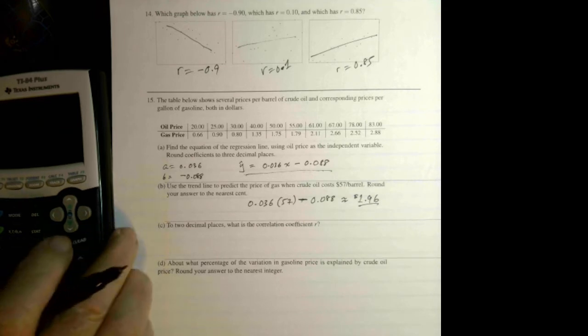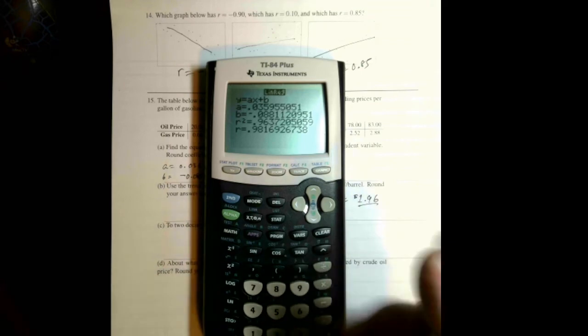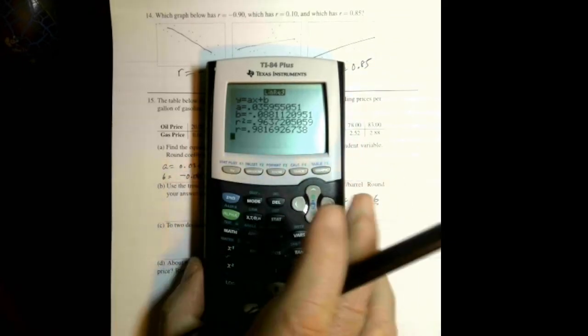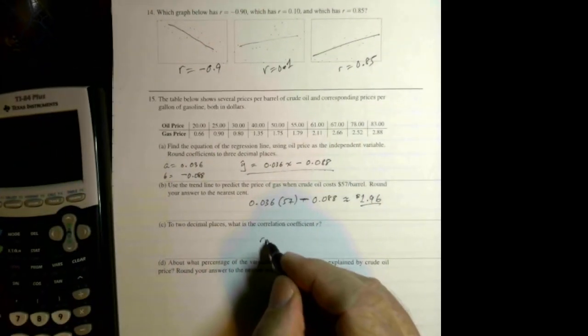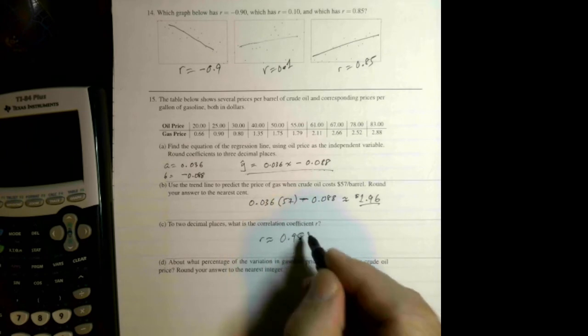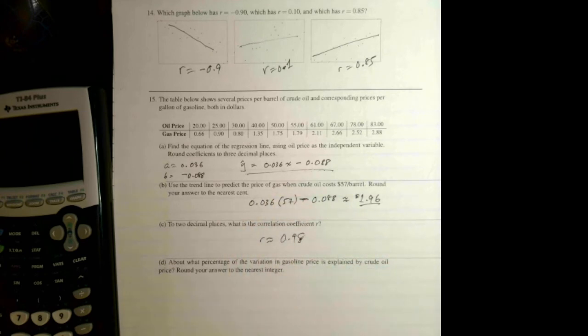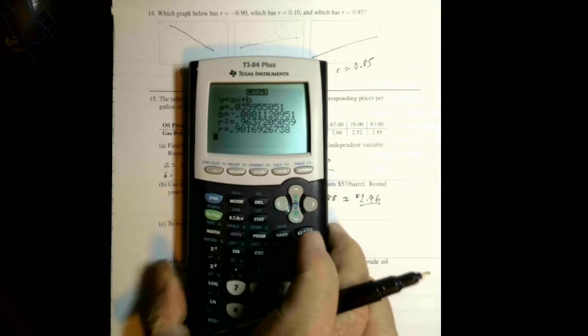Okay, to 2 places, what is the correlation coefficient R? You just read this right off the screen. It's about 0.98. And finally, about what percentage of the variation in gasoline price is explained by crude oil price? Round your answer to the nearest integer. Well, all you got to do is find R squared.